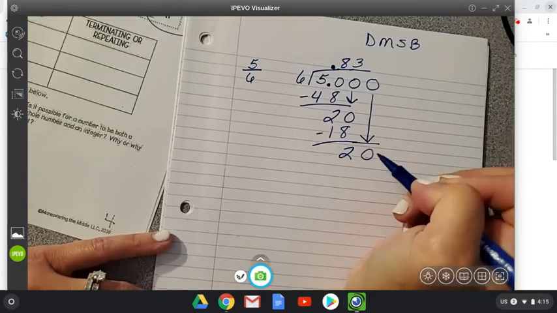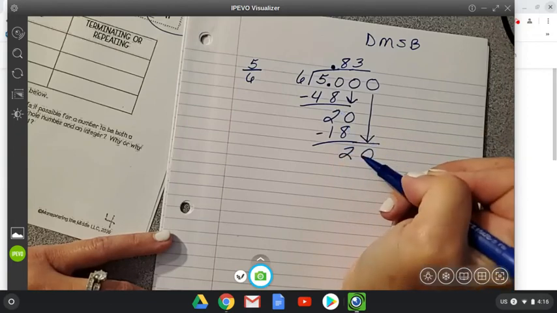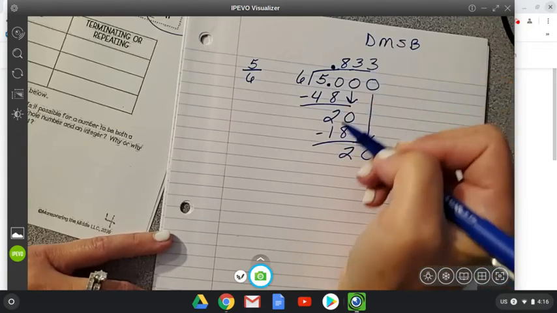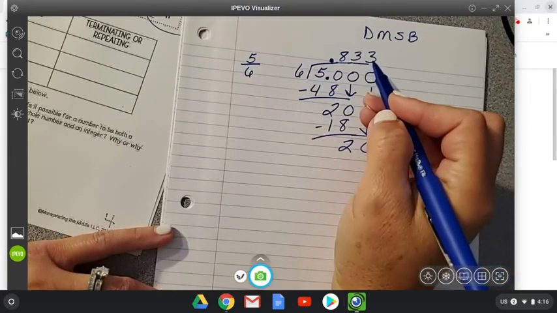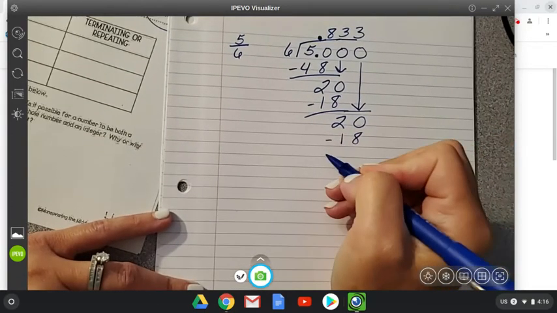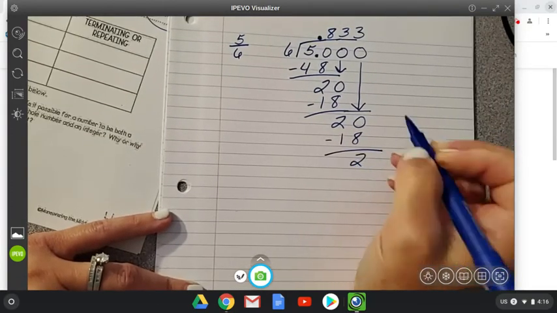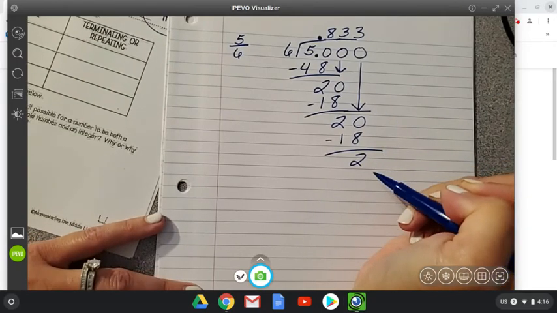And we're starting to see a pattern here. 6 divided into 20 is going to give me 3. 6 multiplied by 3 is 18. And then we subtract. We get a 2. And we can see that we're just going to, every single time, keep getting 2.